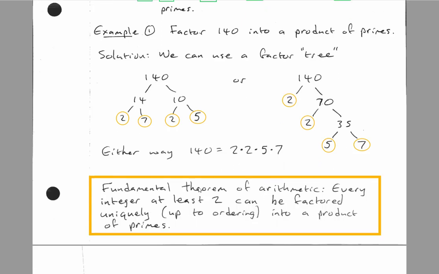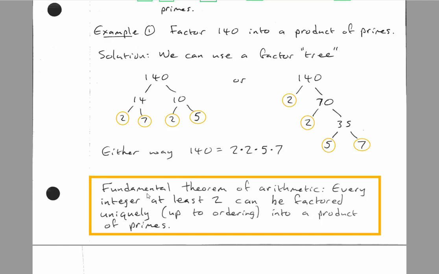A key thing to realize about integers: every integer, at least 2, can be factored uniquely. Putting them in order, every integer can be factored uniquely into a product of primes. That's called the fundamental theorem of arithmetic.